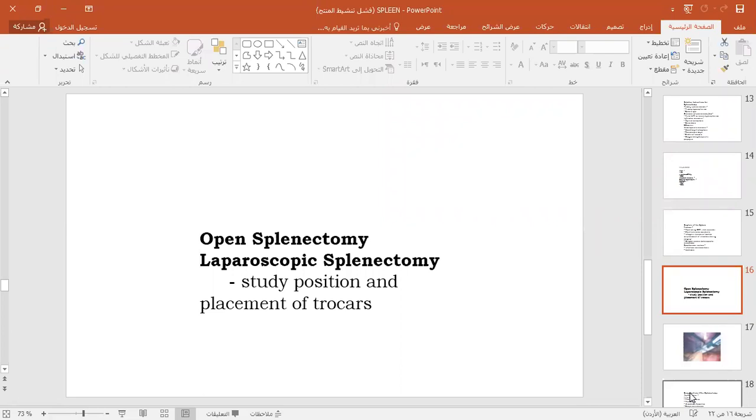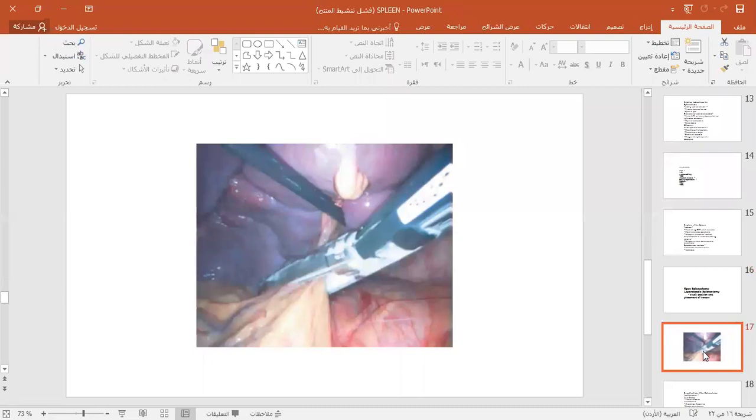Okay, laparoscopic splenectomy is a procedure where you should know the position and the placement of the trocars and the intracorporeal hemostatic instruments like ligature or clamping or clips, to ligate the artery and splenic vein. Okay, this is just to give you an idea of how to do splenectomy. It is either by open or laparoscopic splenectomy. Alright, guys.